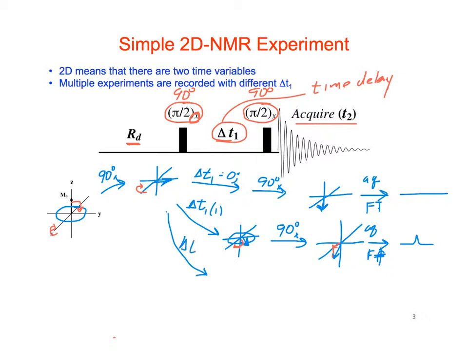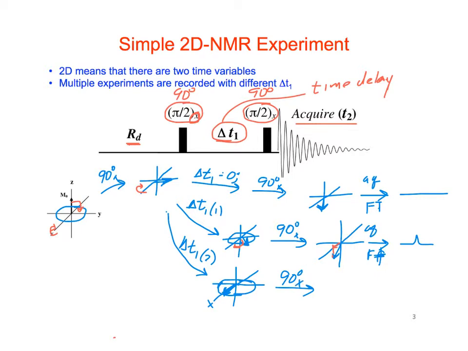So let's do a second time domain. And this time we're going to let it precess all the way to where it's in the plus x direction. Okay, so now we're going to do a second 90-degree pulse around the x axis.